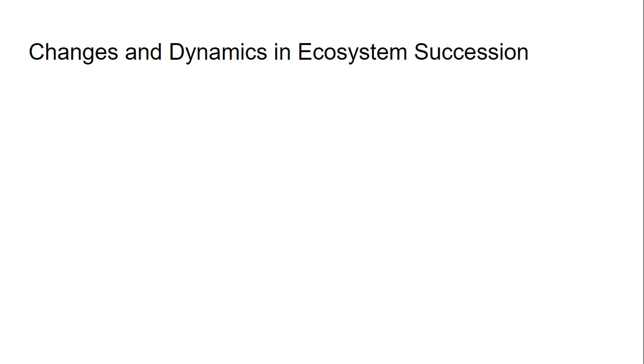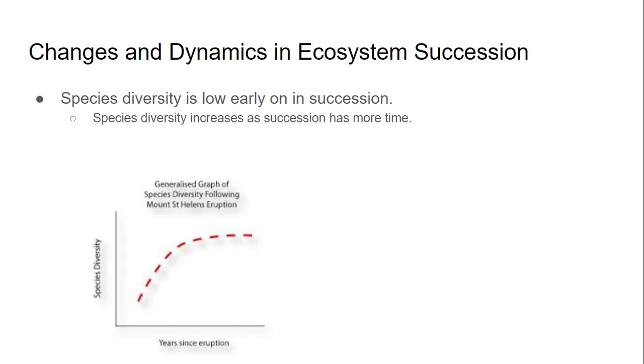So what happens to the dynamics of an ecosystem during succession? So, like I mentioned before, species diversity is very, very low early on because there's not a whole lot of soil and everything's been killed off. That means we don't have a whole lot of species. But as succession has more time, that species diversity is going to increase. So, if we look at this graph right here, you can see this down here would kind of be whenever that disruption took place.